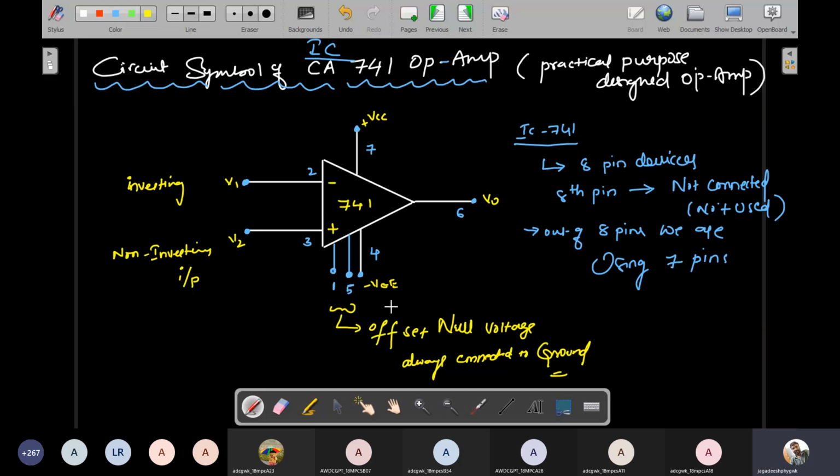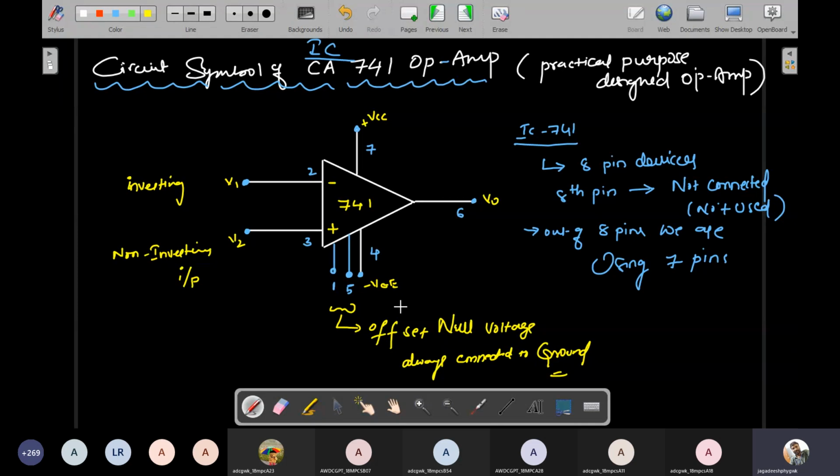Almost, the third unit is completed. There are two topics: open loop and closed loop configurations. After that, this is the IC741 operational amplifier symbol. Then we have to discuss integrated chip design, like a chip IC. In IC notation, how this operational amplifier circuit 741 block diagram or pin diagram, whatever it may be.